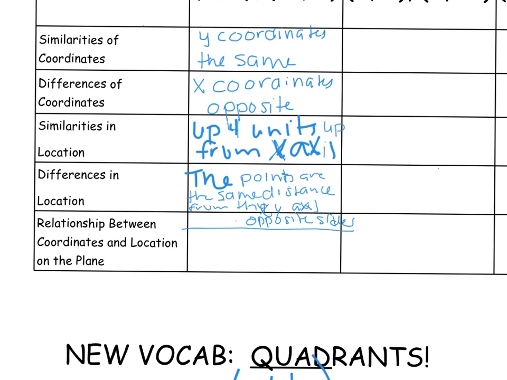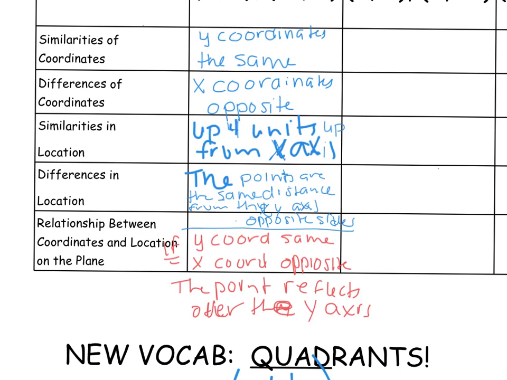So what is the relationship between the coordinates and the location on the plane? It's kind of all of this right here. If the y-coordinate is the same and the x-coordinates are opposite, they have a line of symmetry of the y-axis. Another way of saying that is what I have written here.